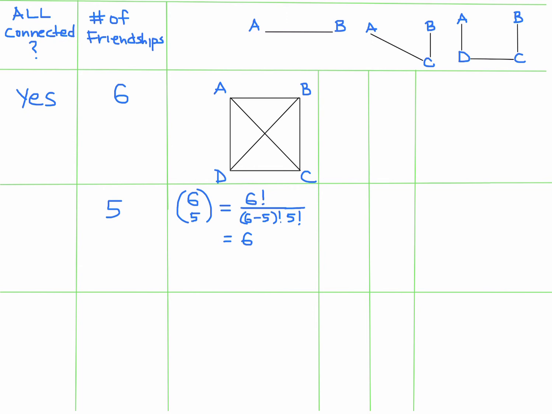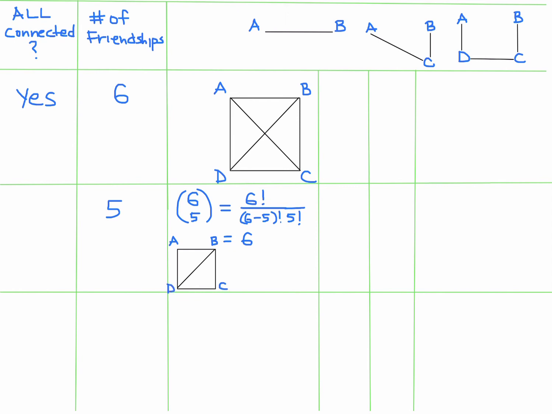Now, if you do that, are they all connected? Well, let's see. Let's draw a diagram and see. Diagram, I will draw and then I will explain it. So this is going to be our diagram. And I only want 5 lines. So far I've drawn 4. Here's a 5th line. Does this connect everybody?